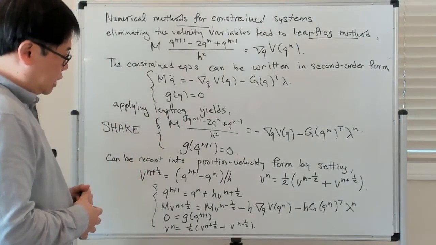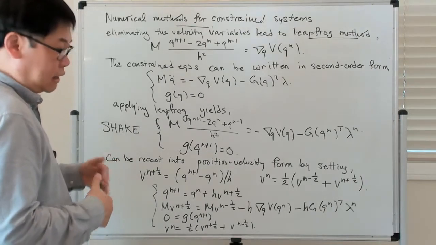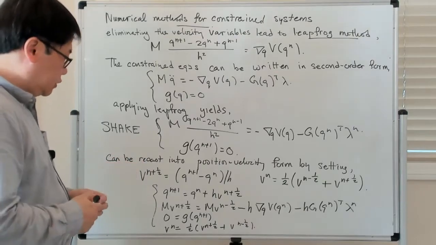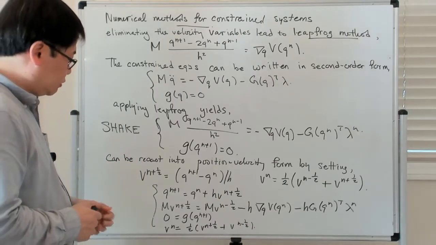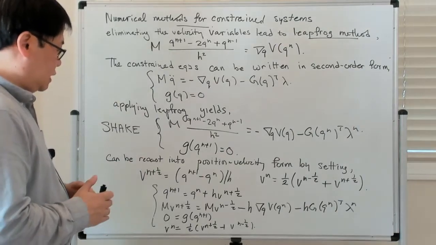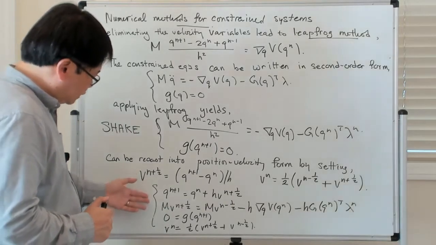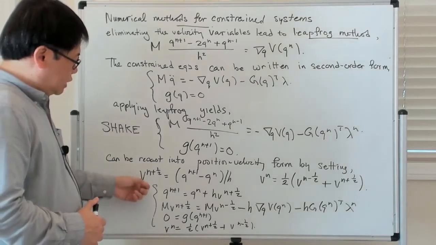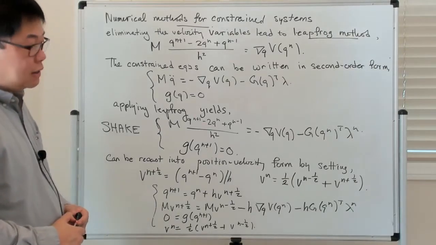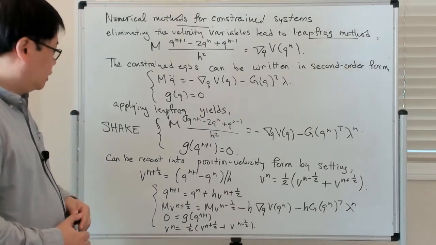To guarantee that the velocities themselves are on the tangent space, you would normally add additional Lagrange multiplier-like terms, which allow you to enforce the orthogonality constraint between the velocity variable and the gradient of the constraint. As currently stated, the shake algorithm can be viewed as an algorithm in position and velocity variables, but the velocity variables don't necessarily live on the tangent space to the configuration manifold M.